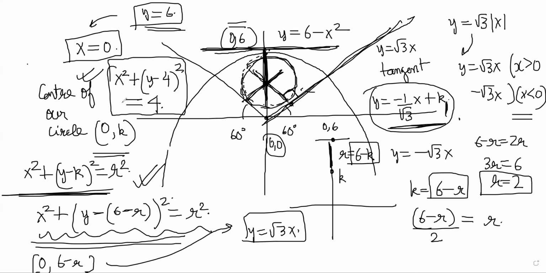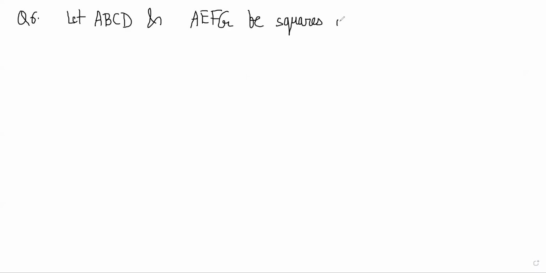Okay. Now, the next question. It says let ABCD and AEFG be squares of side 4 and 2 units, respectively.